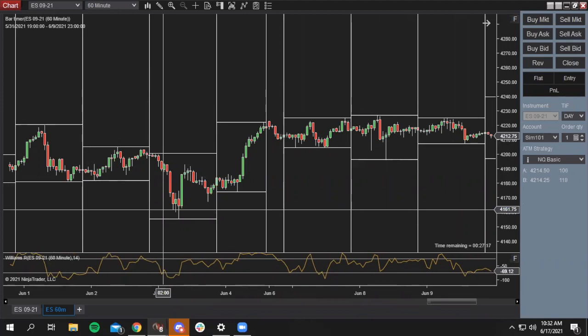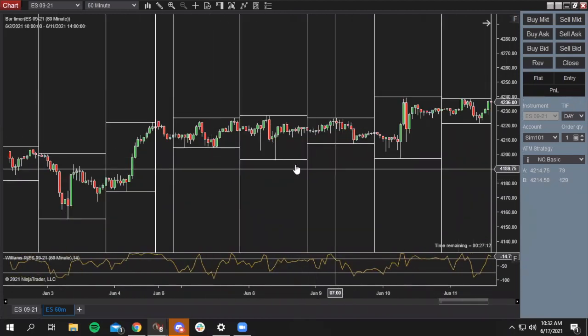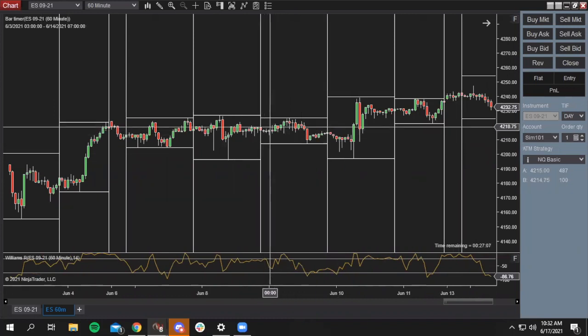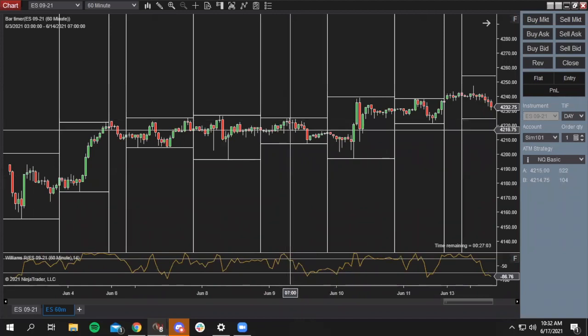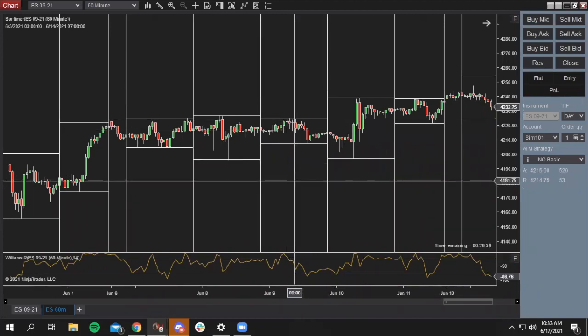That's the theory. It's holding true for the most part. It's not 100% accurate, but I would say the theme of the day typically reverses.